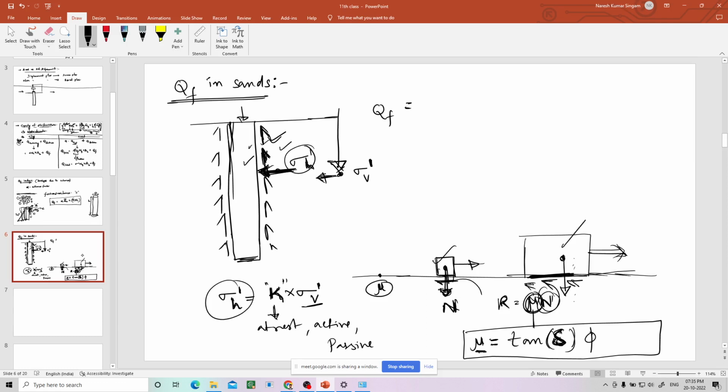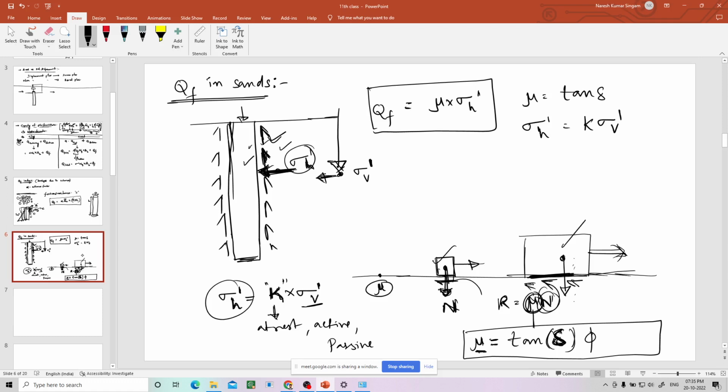So finally, how do we calculate? Mu into sigma h dash, where mu is tan delta and sigma h dash is K into sigma v dash. But at which depth do you calculate this sigma v dash? This depth or this depth, or which depth?